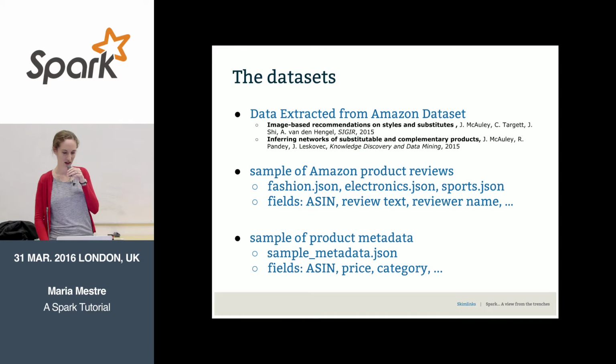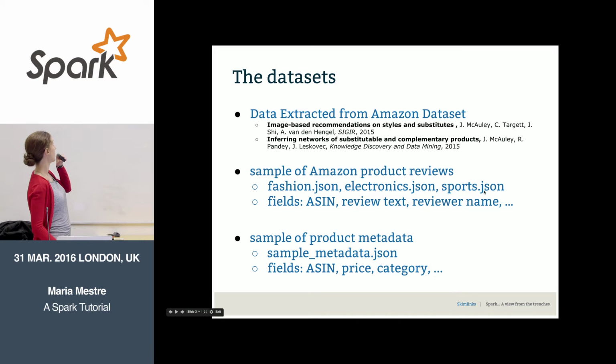Great. So the data sets are from Amazon, and we were asked to put the references. It's a very small sample, and there are two of them. One of them is product reviews, and they basically have the ASIN, which is the product identifier. So we will talk about them quite a lot.